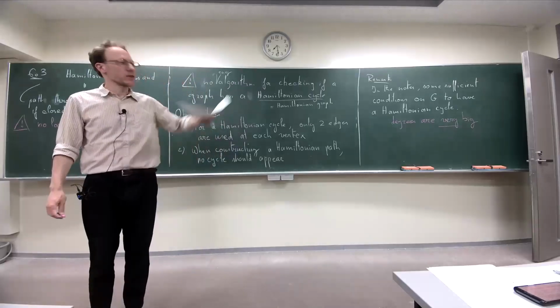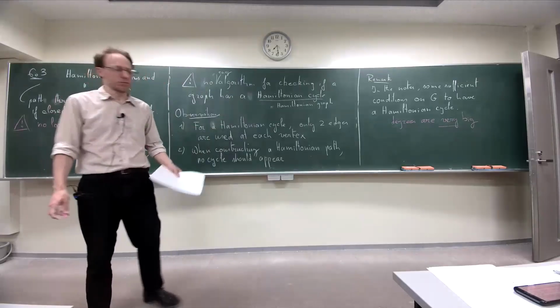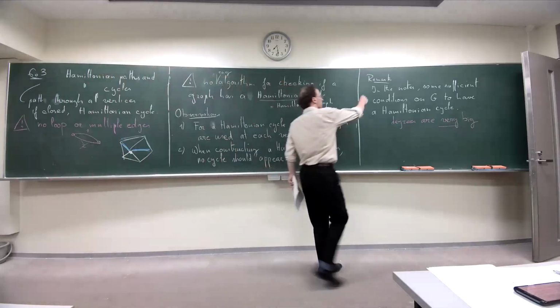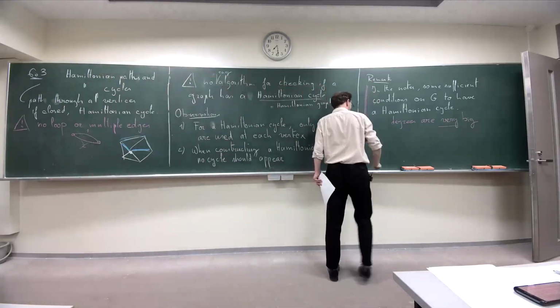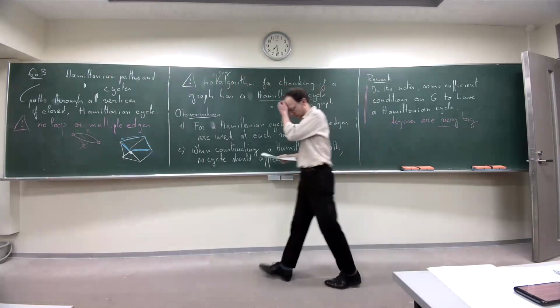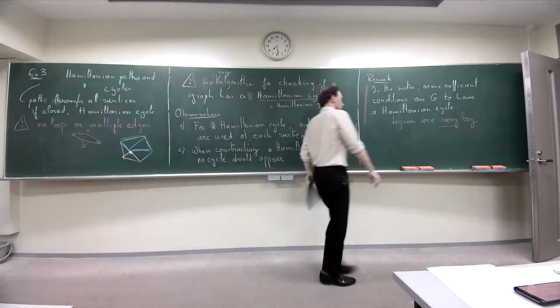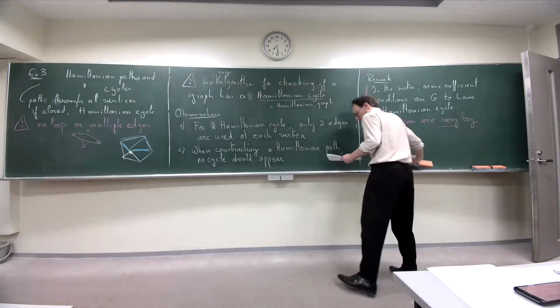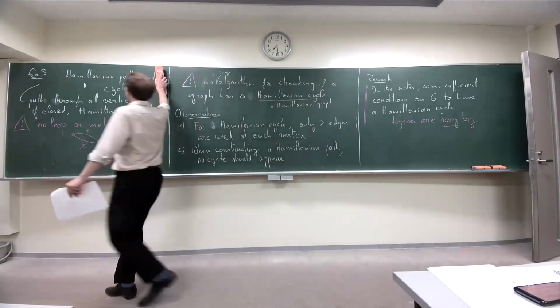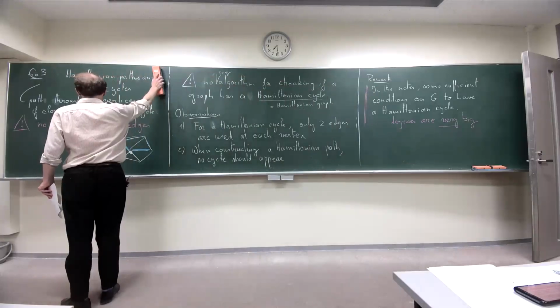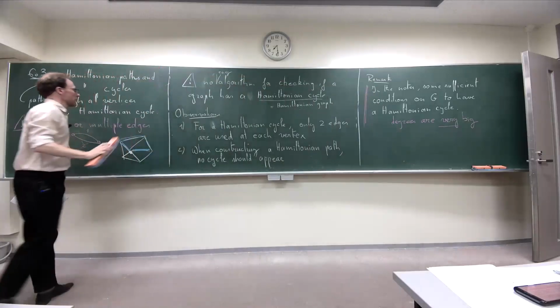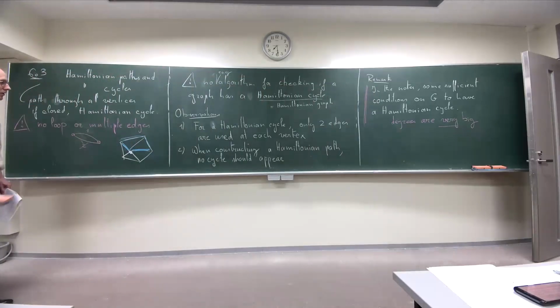So these sufficient conditions are usually not very pleasant. So it exists, but it's not very efficient. That the degrees are too large. Okay, so this was just a few things about Hamiltonian path.